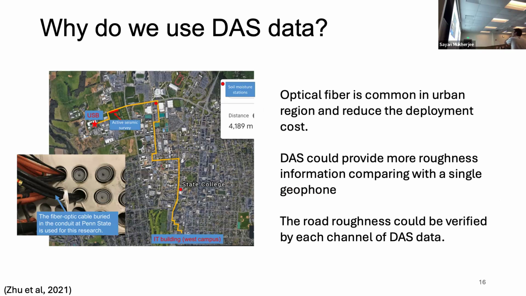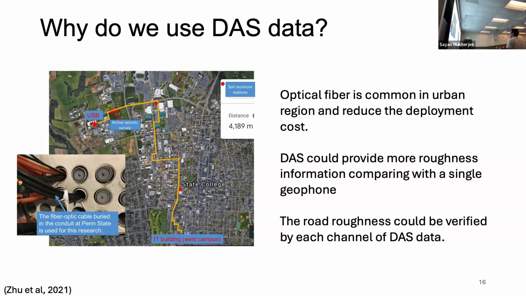As we know, optical fiber is very common in urban regions, and this kind of method could reduce the deployment cost, especially compared with the deployment of geophones. Also, DAS could provide more spatial roughness information compared with a single geophone, because it is array data.